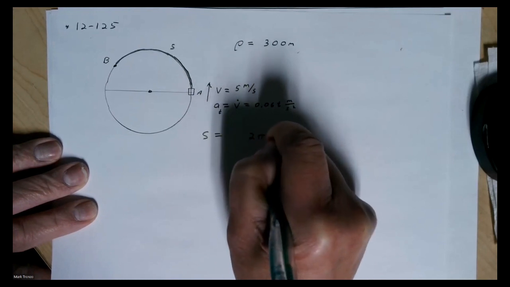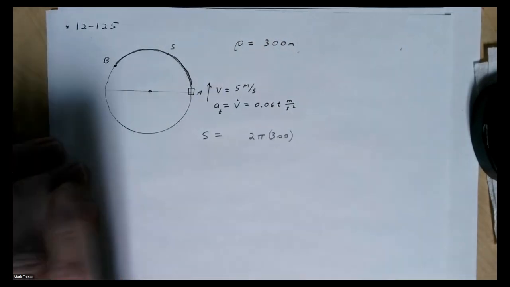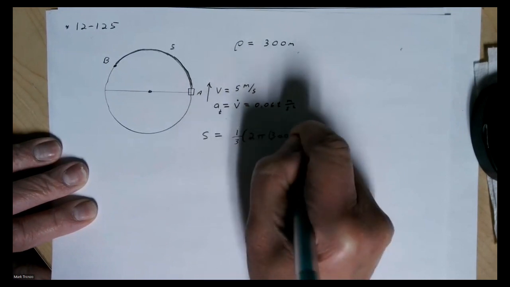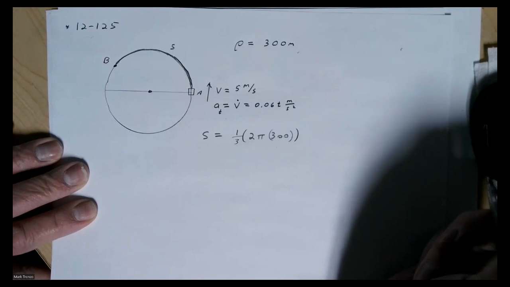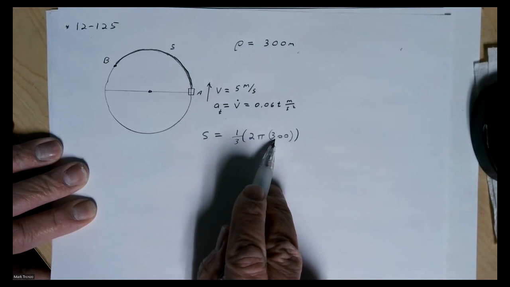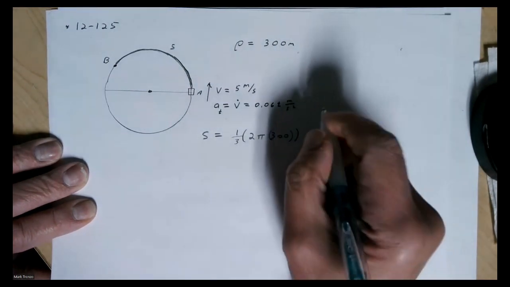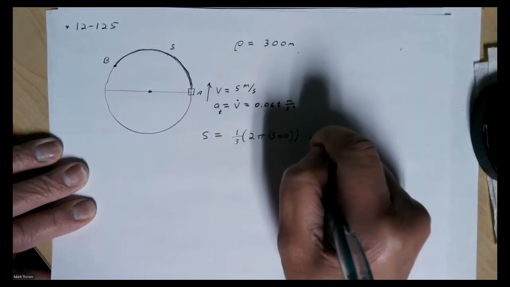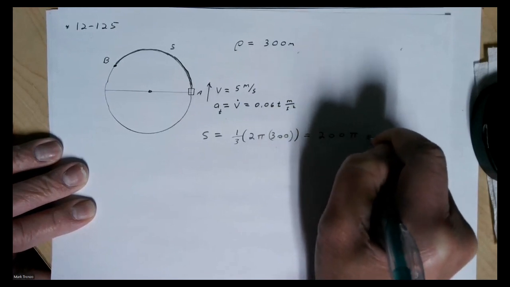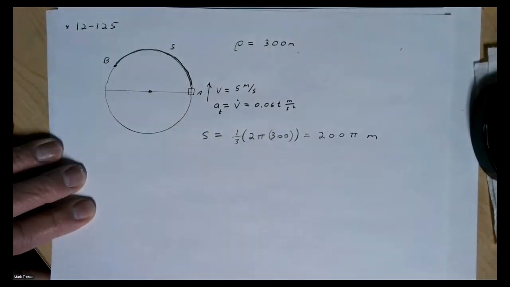So 2 pi times 300 meters. But we're only going a third around, so we'll multiply that by a third. Those are going to cancel, so we end up with 2 times 100 pi, so it's 200 pi meters. So that's how long a distance it's going to get to point B.